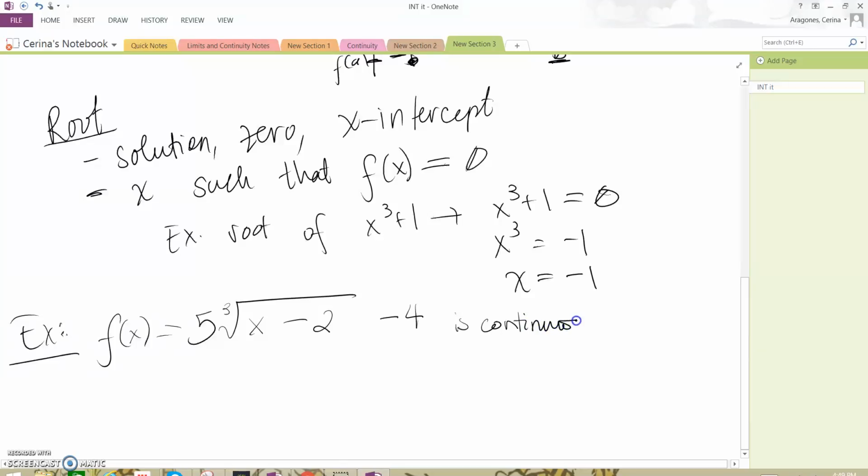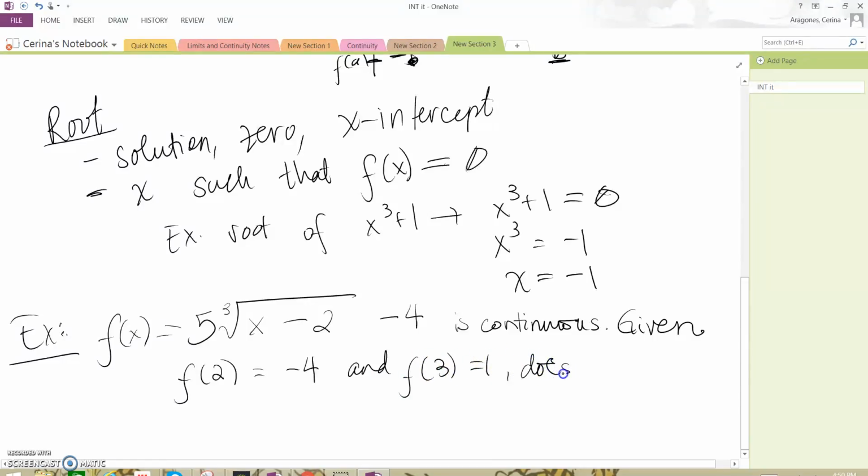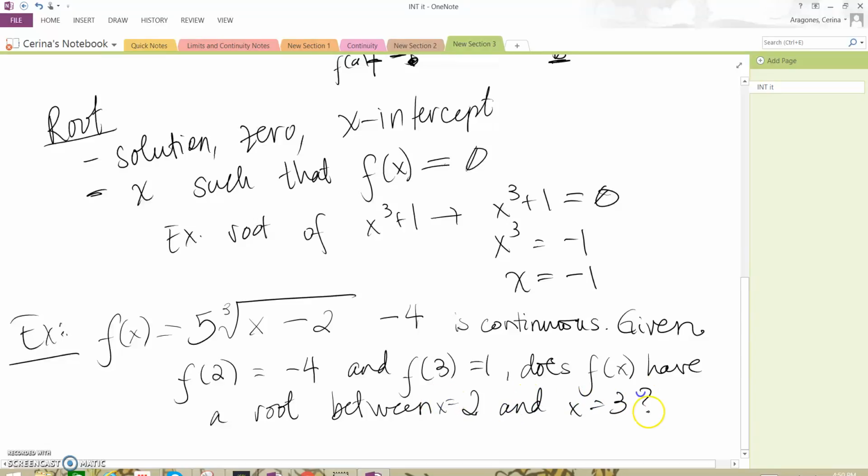And the question is, given f of 2 equals negative 4 and f of 3 equals 1, does f of x have a root between x equals 2 and x equals 3?